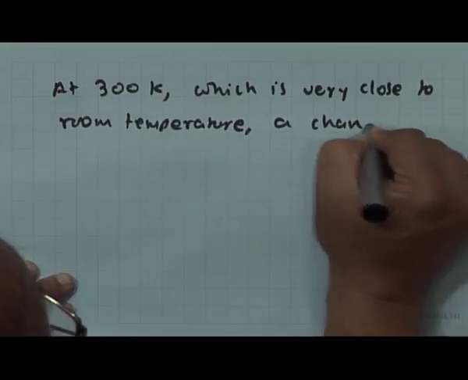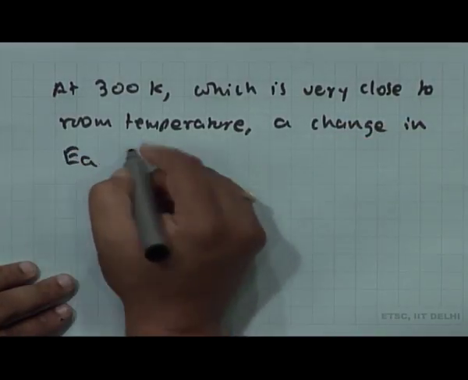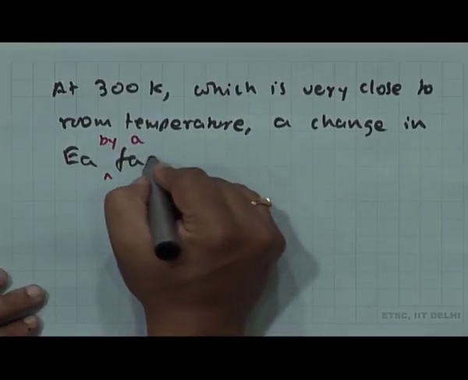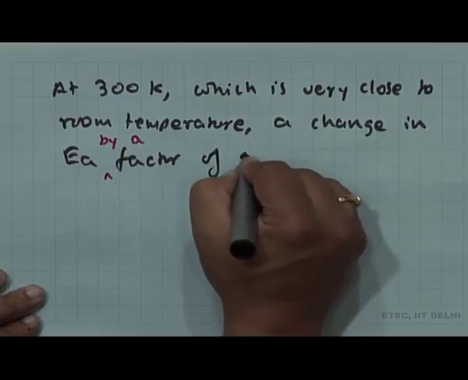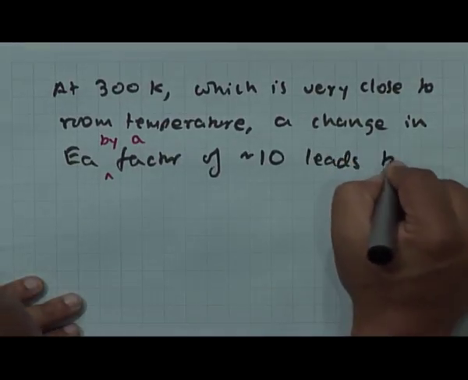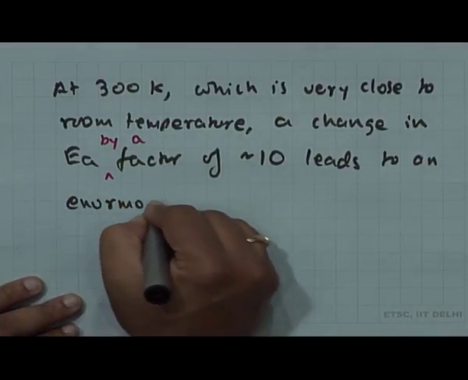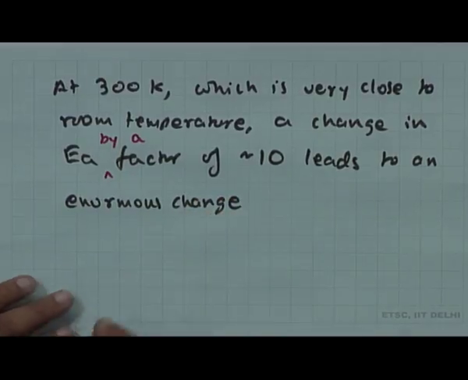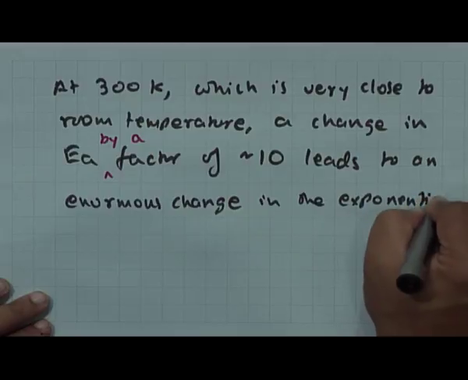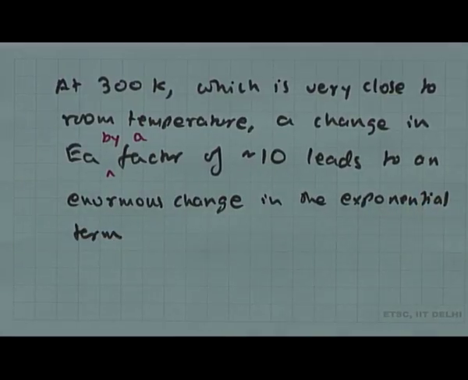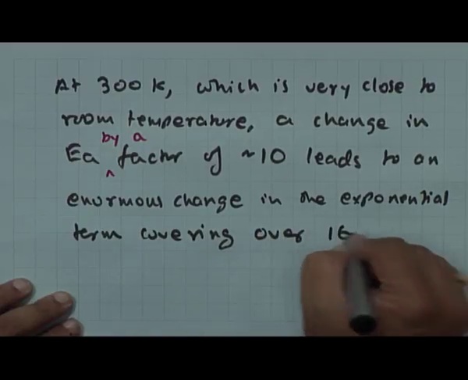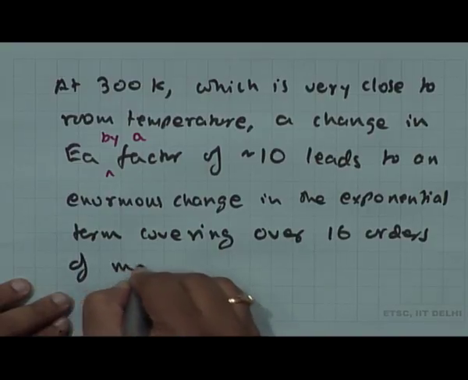A change in EA by a factor of approximately 10 leads to an enormous change in the exponential term covering over 16 orders of magnitude.